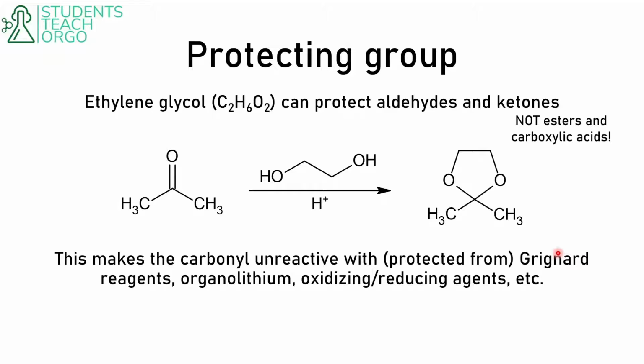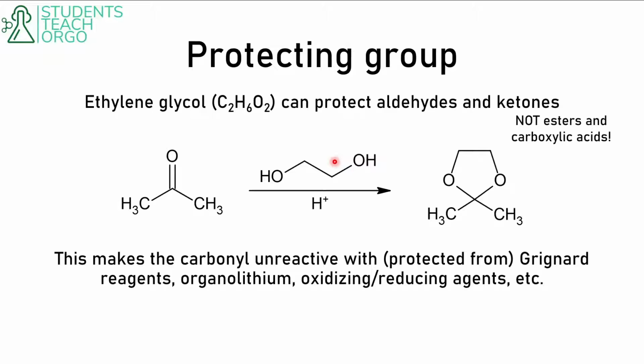Like say we have some kind of precursor molecule that has, say, a carboxylic acid on it and a carbonyl group that have pretty similar reactivities when reacting them with reducing agents or Grignard reagents or organolithiums, for example, right? So if we want to preserve the ketone but react the carboxylic acid, we need to, as we say, protect the carbonyl group, which we do using ethylene glycol, this molecule right here.